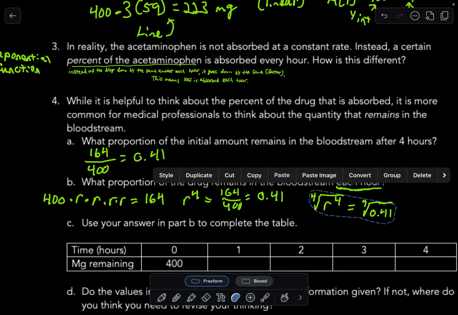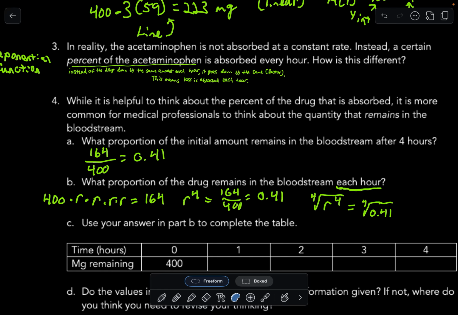Now, using my calculator for the fourth root, and I'll show you this in class, how to do this, we will go fourth root of 0.41.